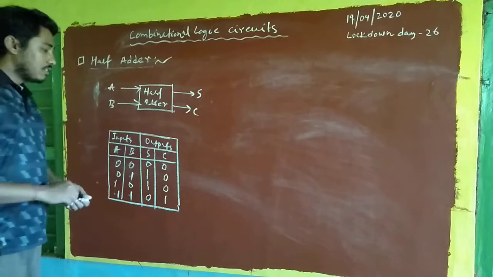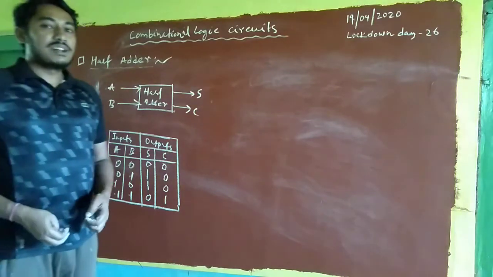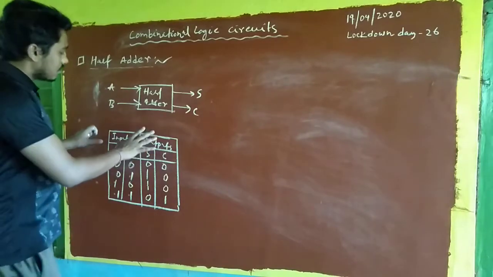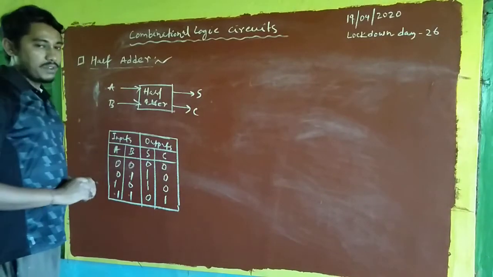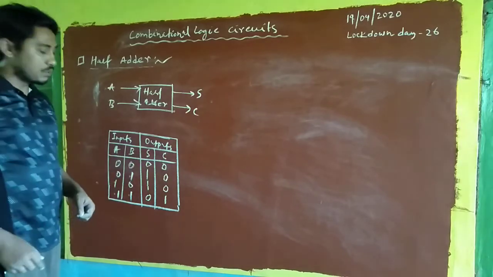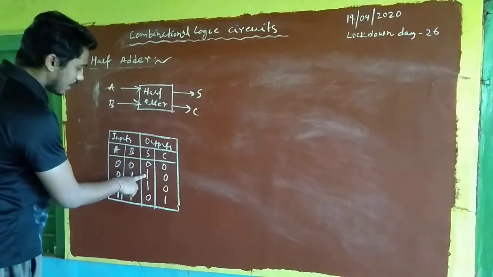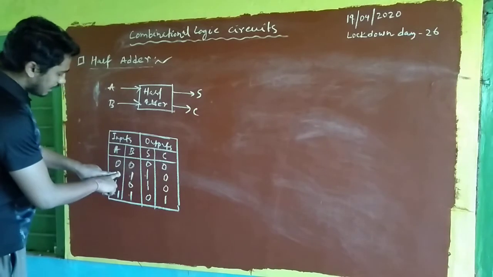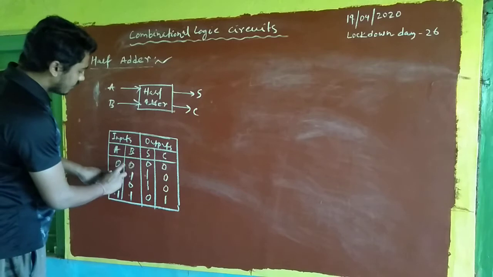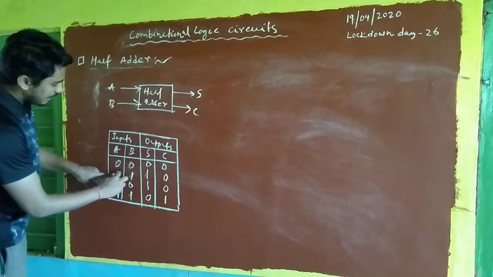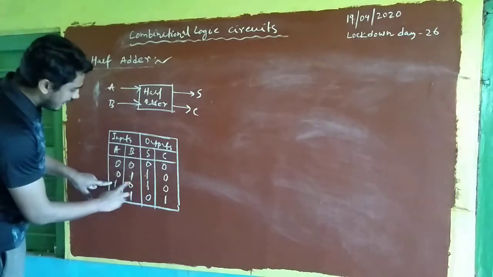Now we need to design the logic expression. Before coming to the logic expression, let us just observe the truth table. What is happening here in this output? You can see that summation is 1 when either of the two inputs is 1. Here A is 0, B is 1, and here A is 1, B is 0.